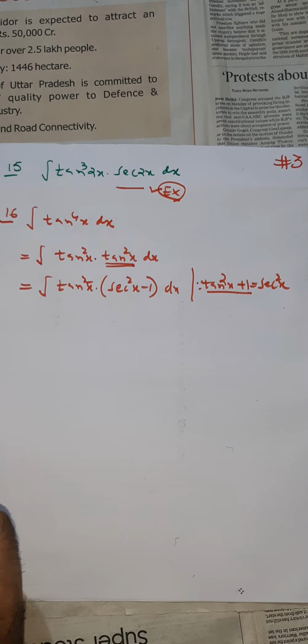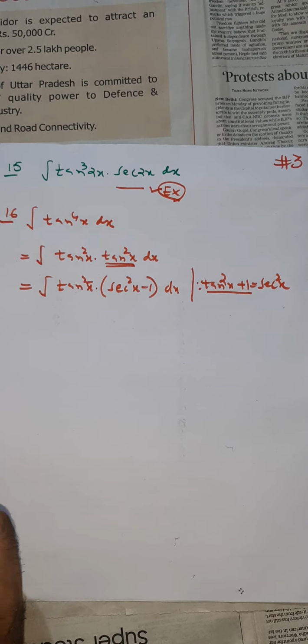Now I'll split into two integrals. So here tan square into sec square x, that is one integral. If I open the bracket, the other integral is just tan square. I just split it into two integrals, this into this minus tan square. Now this can be integrated very easily, as I told you, write sec square minus 1 and integrate. How will you integrate the first integral?